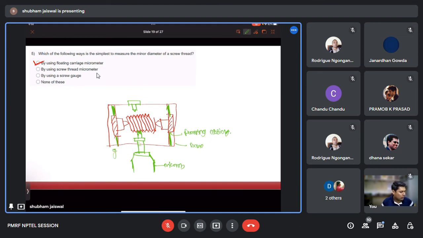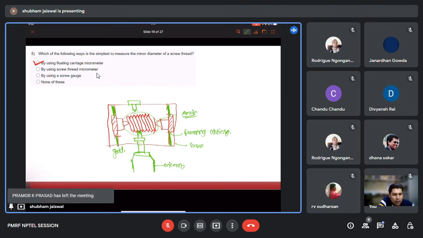Okay. So what we will do, we'll keep our sample between these two anvils. And using the diameter of a known cylinder, we will hold it in the place of this one, and then we will move our floating carriage, and we will measure the diameter of the known cylinder. Then we will untighten that one, and we will replace it with the unknown cylinder.